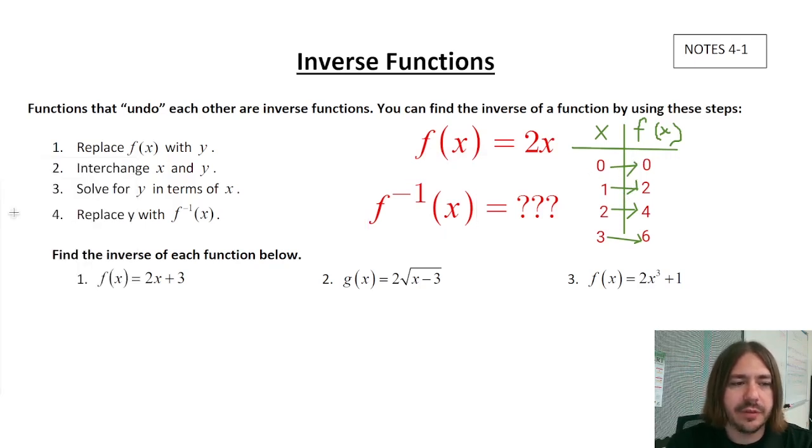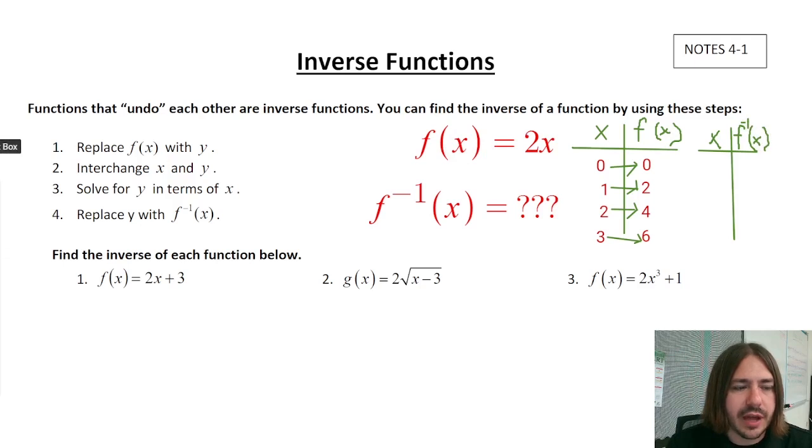If I construct a new table here for x and the inverse of f, this is still relating to that 2x function, but instead of f of x equals 2x, we're looking at the inverse of this particular function.